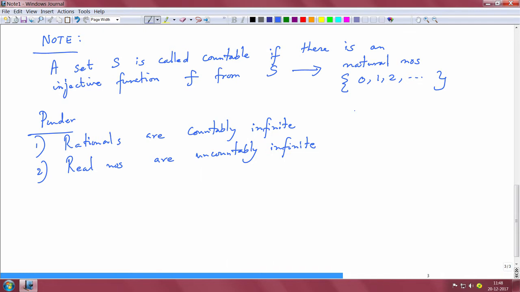The details of the proof of this countably infinite and uncountably infinite, you can get into by looking into any analysis book, and you may get some idea how to go about these. Okay.